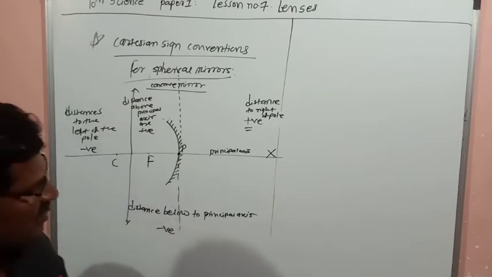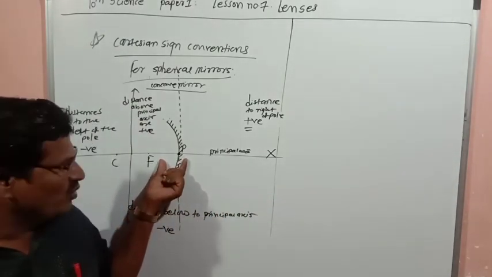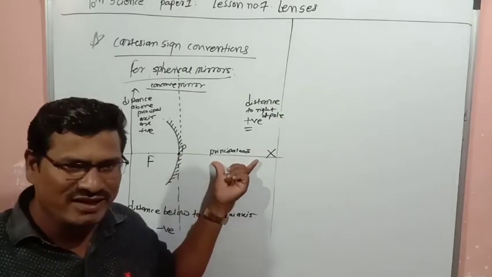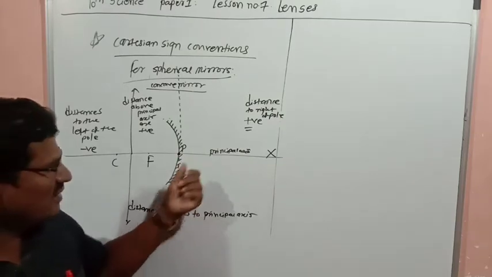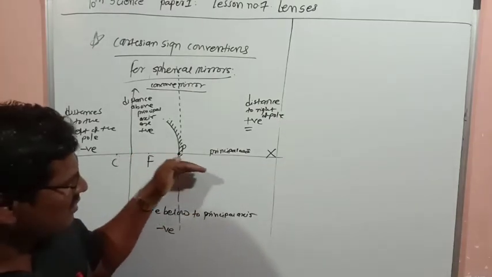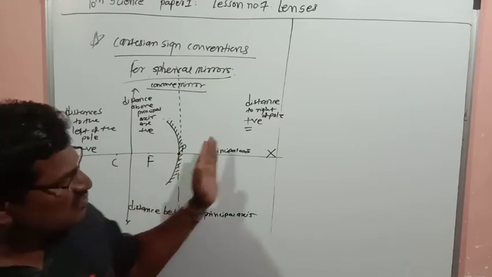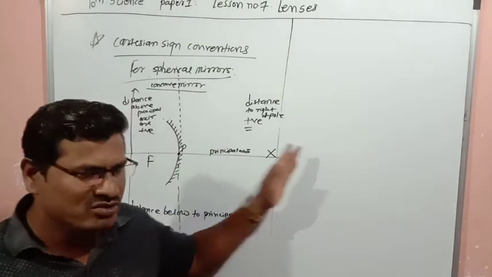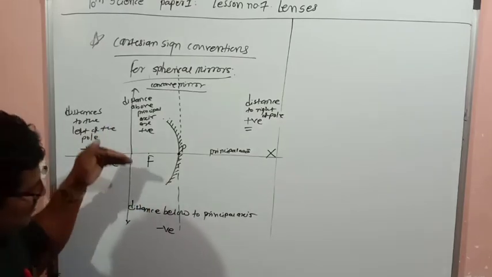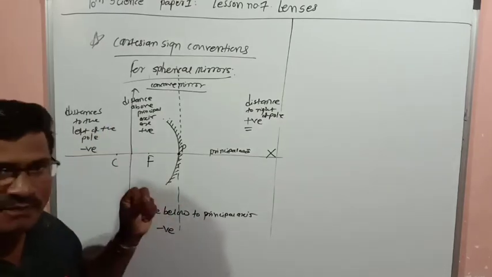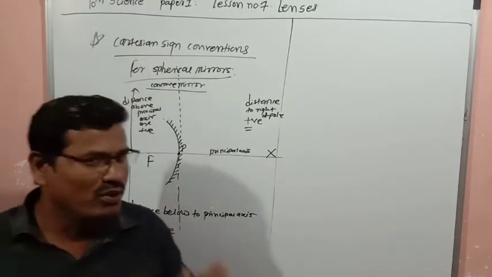So you have to remember this. At the origin, the pole will be there, the principal axis is taken as the x-axis, and distances are measured from the pole. Distances to the right of the pole are positive, distances to the left of the pole are negative, distances below the principal axis are negative, and distances above the principal axis are positive.